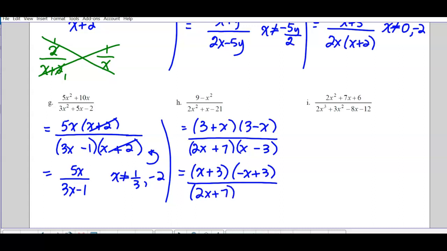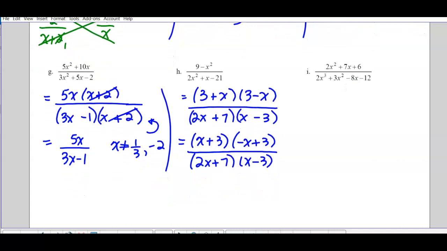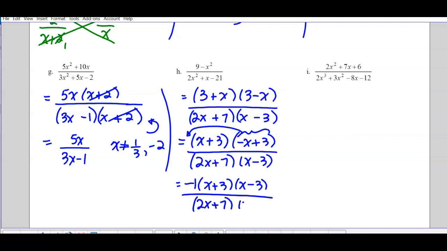Copy out the denominator. And now I can see that I don't like having a negative as my leading coefficient. So I'm going to factor out that -1 to the beginning. You can even put a 1 if you need to. When I factor out a -1 from here, it's going to leave me with x minus 3. And those divide out.